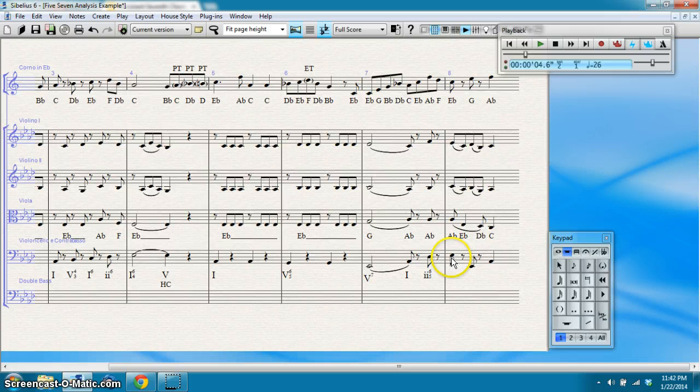And then we move to, again, a cadential 6-4 chord. We have A flat, C, and E flat with E flat in the bass. The E flat comes and we get our 5, G, B flat, and D flat, 5-7, and then 1.